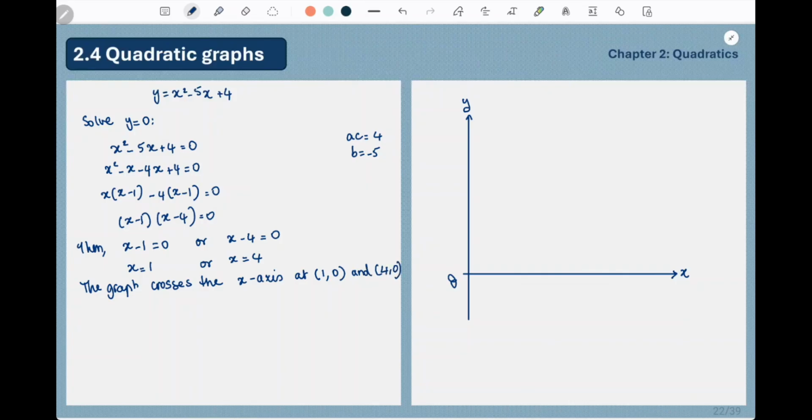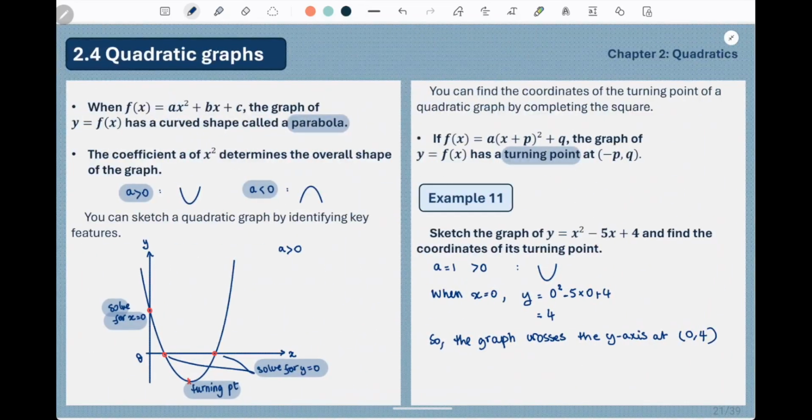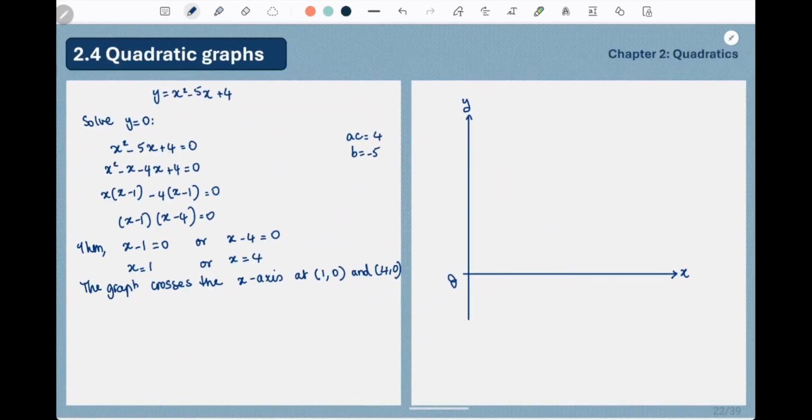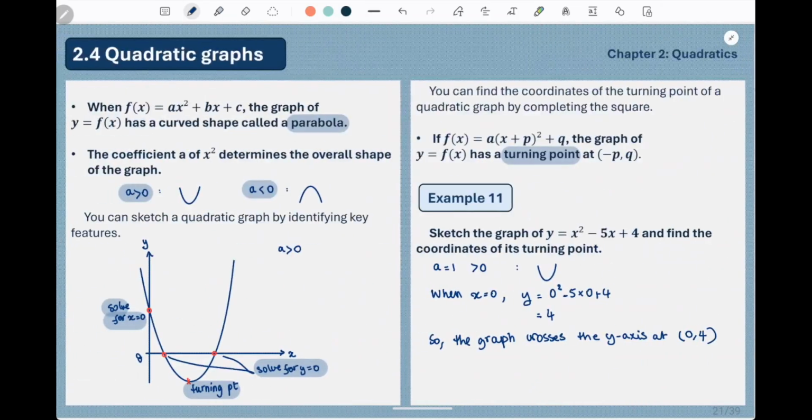So now we know the points where it crosses the y-axis and the x-axis. All that is left is to find the turning point, and we already discussed that we're going to do it by completing the square. So let's say this is step 2, this is step 3, and this is step 1.